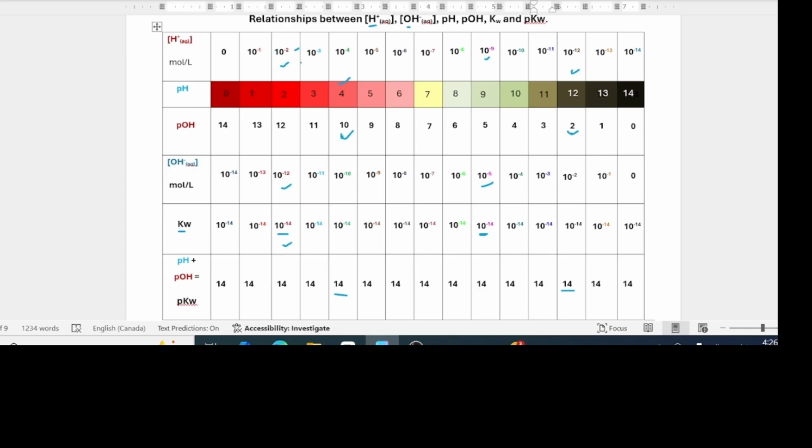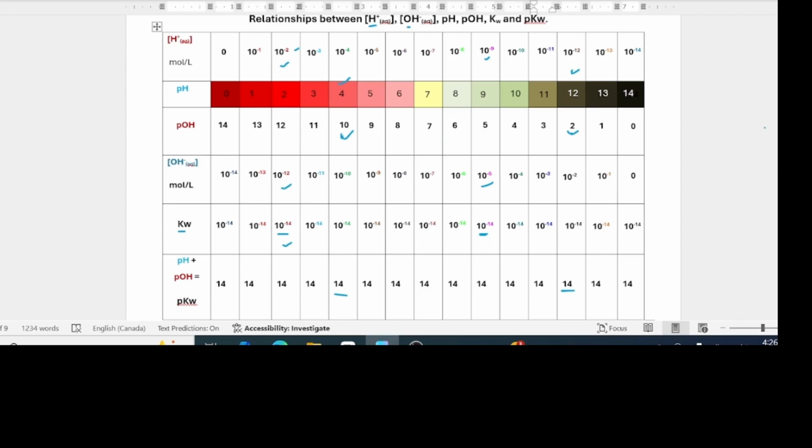However, the sum of the pH and the pOH of any solution will always add up to 14, which is the pKw for water. So in this case, 2 plus 12 is equal to 14. And in this other case here, 12 plus 2 is equal to 14, as in all other cases.